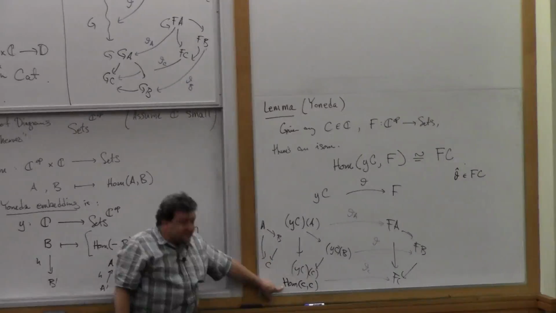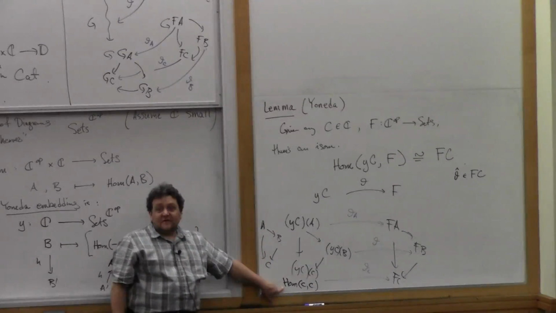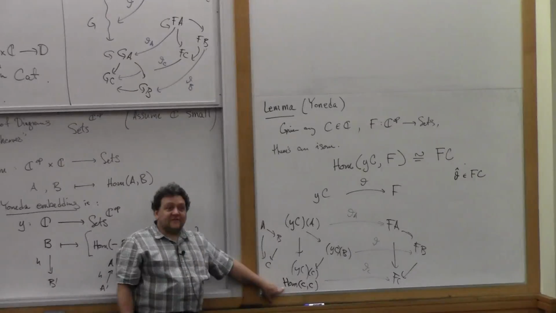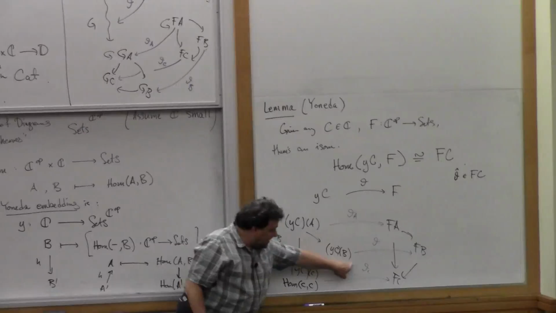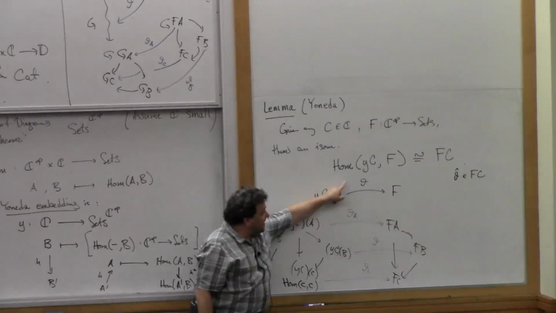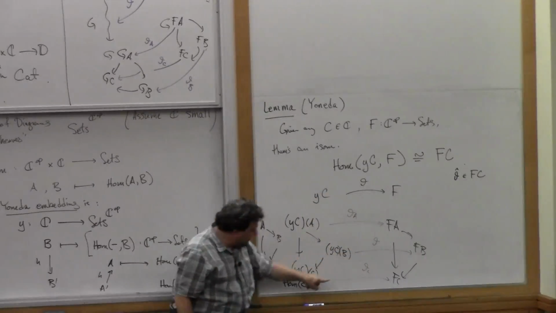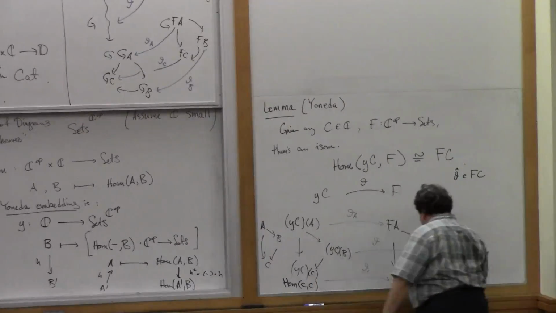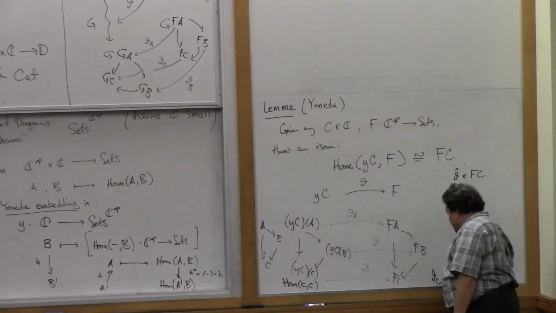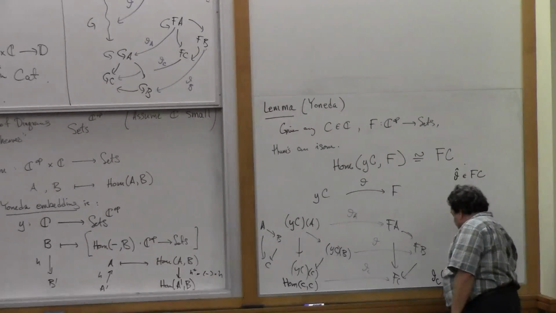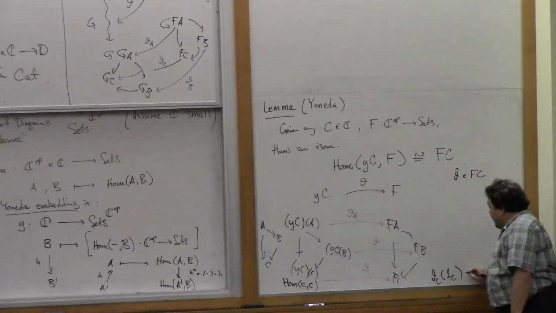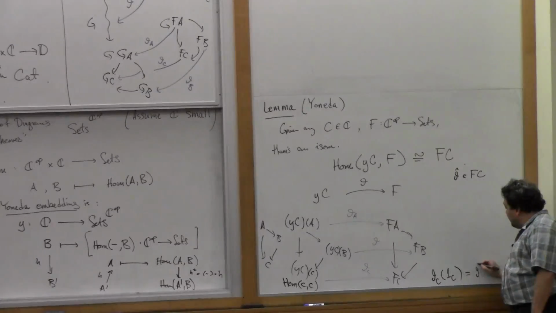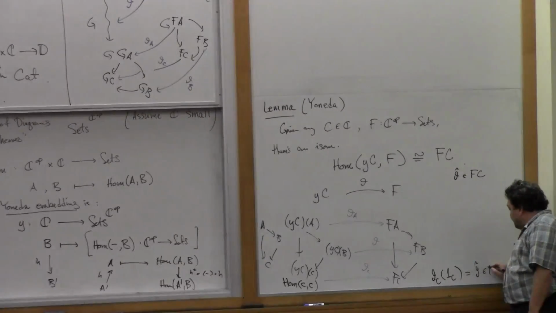Anybody know an element in that set? The identity is in there. So take theta at C. We've got theta for everything, so take it at C. Apply it to the identity in here, and you get this kind of universal object over here. It's theta C applied to the identity at C. That's our special object here, theta hat, living in F of C.